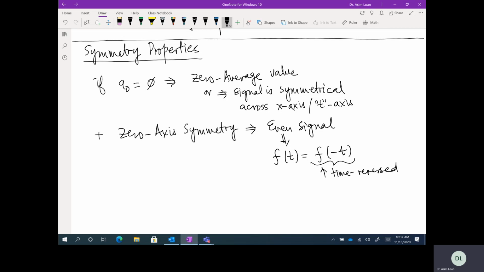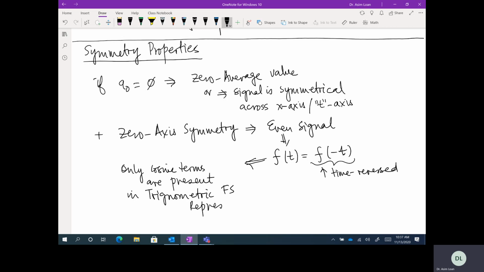So if f of t is equal to its time reversed version, this simply implies only cosine terms are present. Why? Because this is an even signal, so you can't have sine, because sine is an odd function. So only cosine terms are present in the trigonometric Fourier series representation.